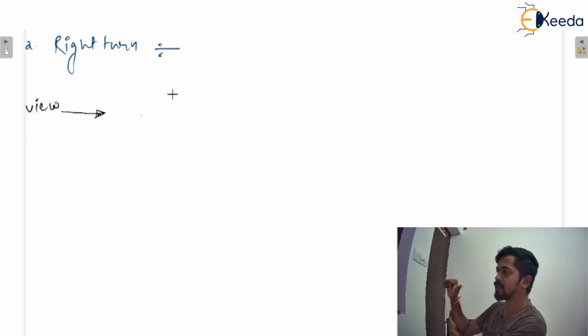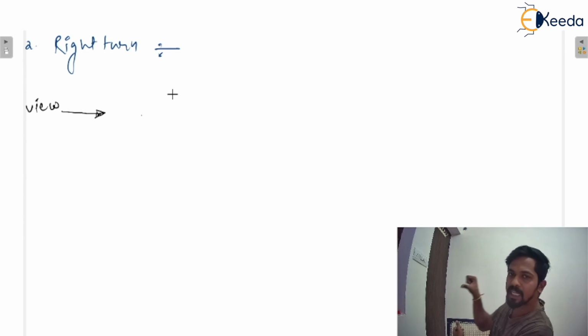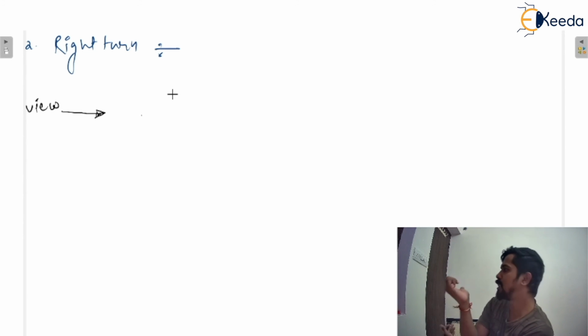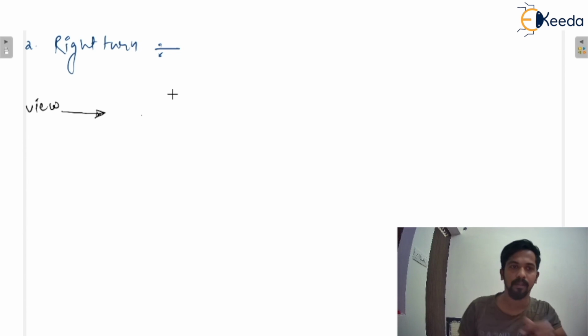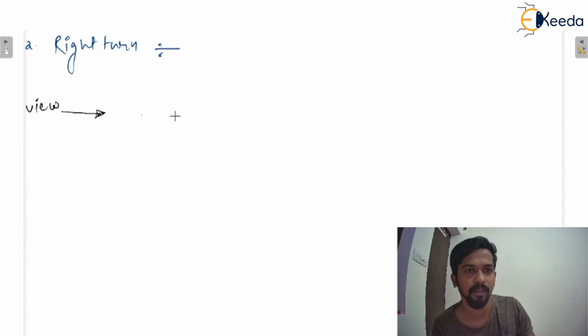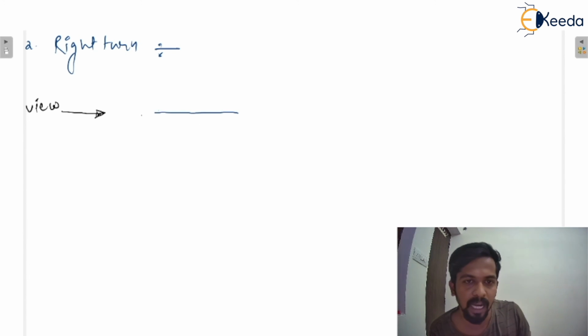So if this is the active gyroscopic couple, this would be the reactive gyroscopic couple, and you can see that bow will move up, and stern will move down. I hope you understand how to find out the effect.